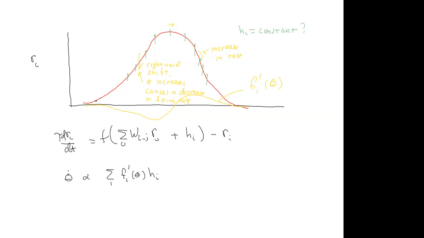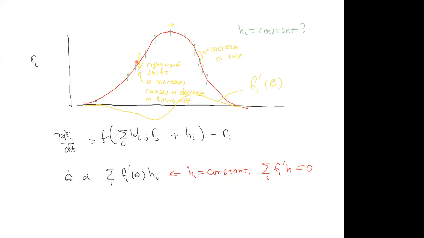So if you sum an odd function, so if hi equals constant, the sum on i of fi prime h is 0. Okay, so basically with hi constant, if all you do is move up everything equally, then nothing happens. Theta dot is 0.